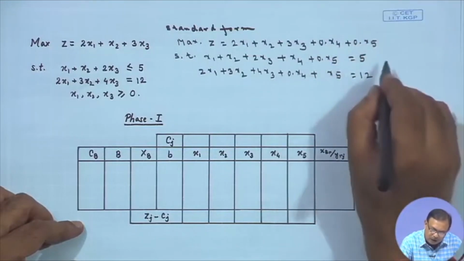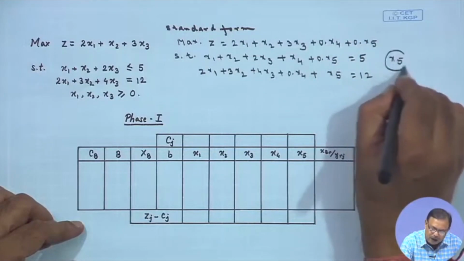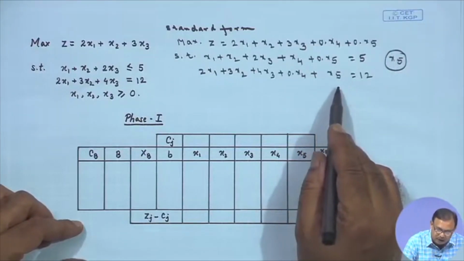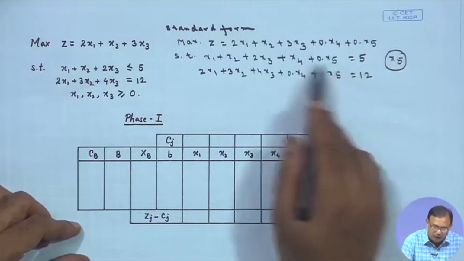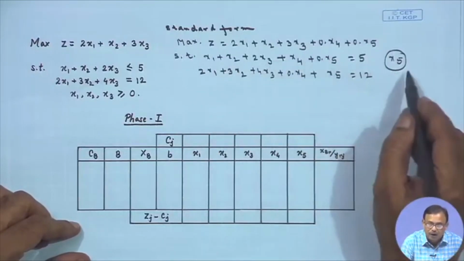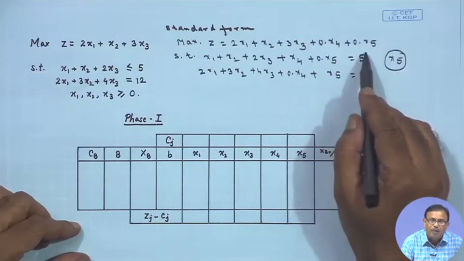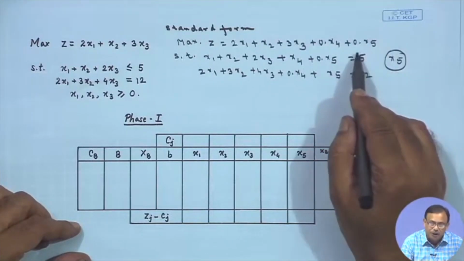Please note that here your x5 is the artificial variable just to get the initial basic solution for this particular set of constraint. And although x5 is the artificial variable, you have added only a 0 coefficient.